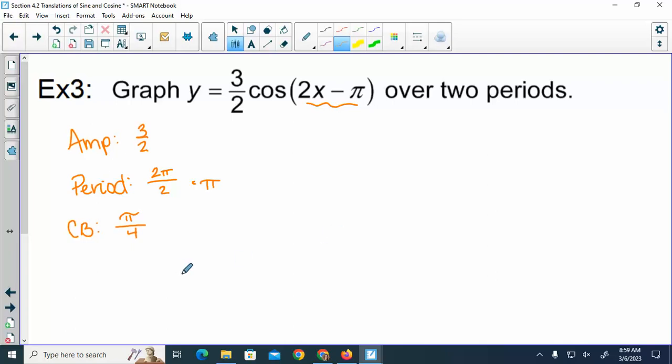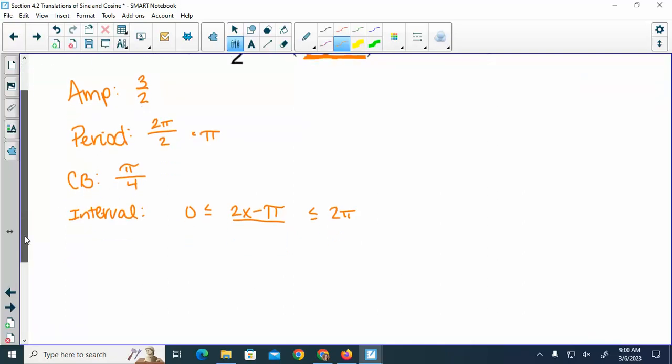And then what else do I need on this problem? Interval. So the interval we set up the same way every time. We say 0 less than or equal to the argument less than or equal to 2 pi. The argument is the thing we're taking sine or cosine of, so my 2x minus pi. And I'm trying to solve this, so I just have x in the middle.